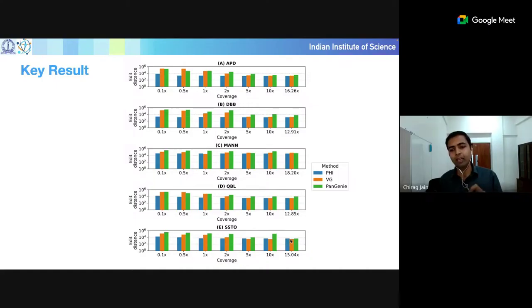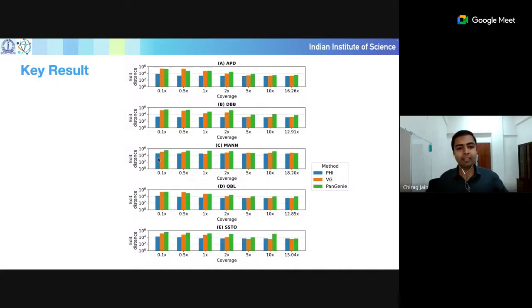You can see similar values, and remember that the y-axis is in log range, so even small differences in the y-axis will be large gaps in the absolute scale. At high coverage, these methods are roughly comparable, but at low coverage is where we see our method competing better with other methods.